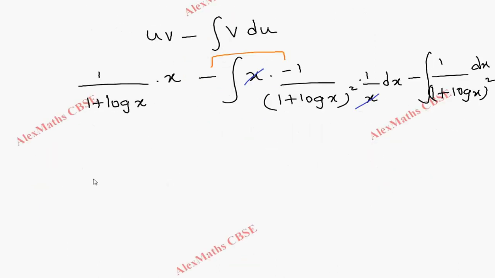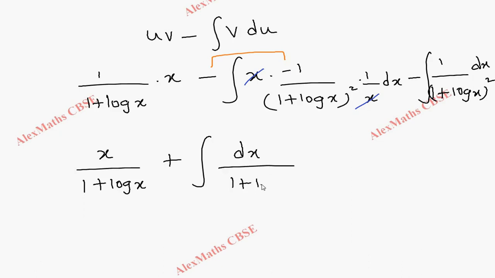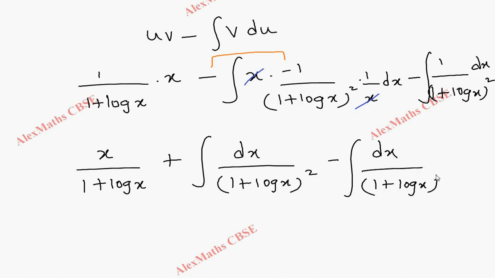So again rewriting this, the first term is x by 1 plus log x. This becomes plus the integral of dx by (1 plus log x) whole square, and this is minus the integral of dx by (1 plus log x) whole square, and at the end we put an integration constant c.